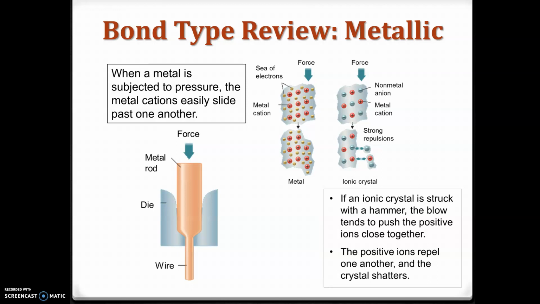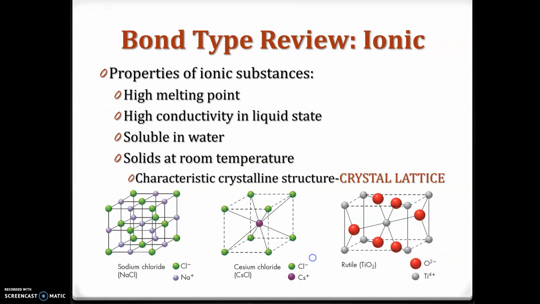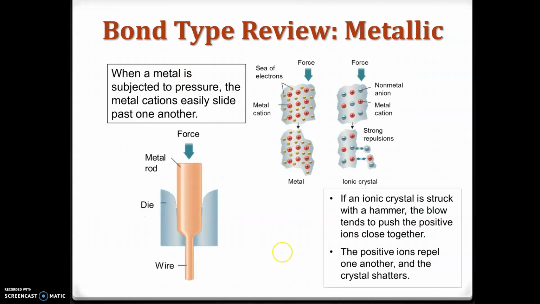And then next to that, if we remember back all the way back here, ions actually form crystalline structures. These are called crystal lattice. And each one is unique, but they're all really rigid crystalline structures. So if we go back over here, you can see in that crystalline structure on the right, where it says the ionic crystal, crystals typically shatter; they're not shapeable in any way, shape, or form.